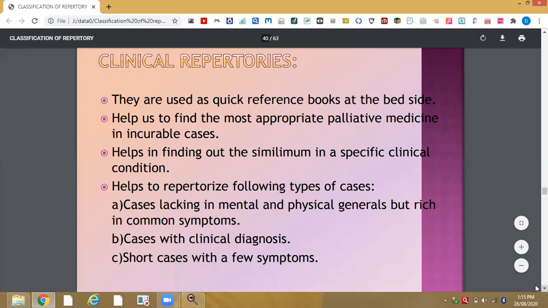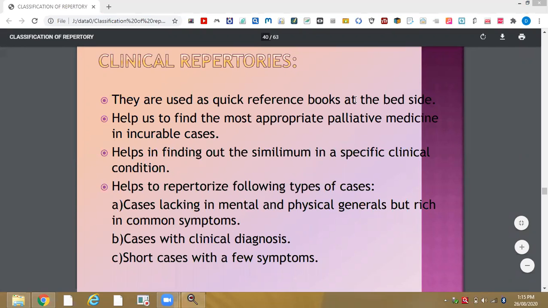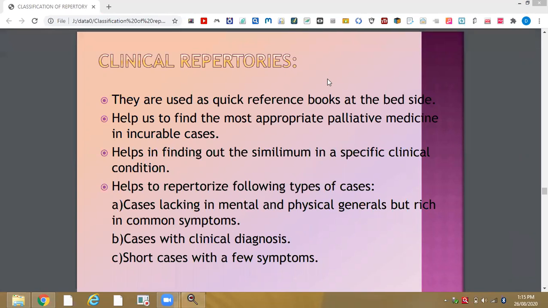Then it helps us to find the most appropriate palliative medicine in incurable cases.